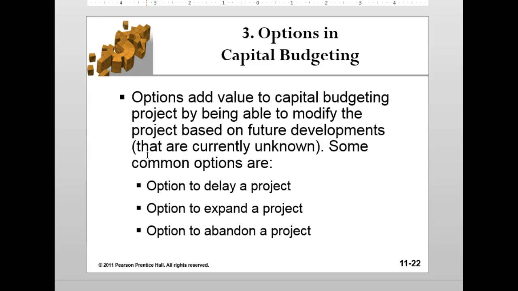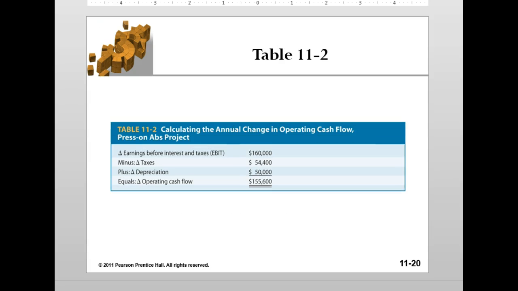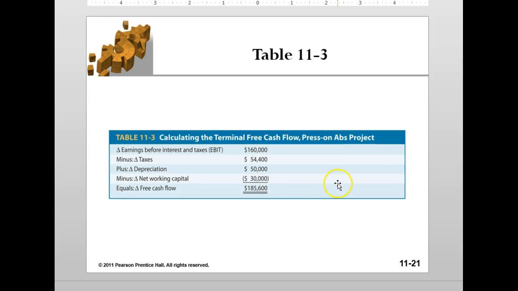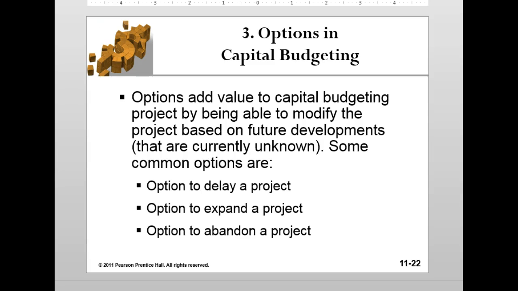So you have options after you do all of the evaluation and come up with this number. This is your cash flow, free cash flow. This may be for 1 year, it may be for 2 years, just depending on the length of your project. But there are always options to go to after doing this analysis.